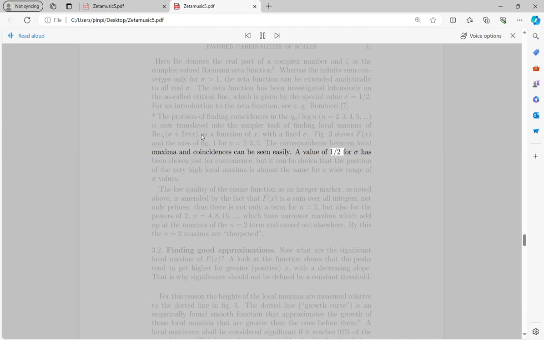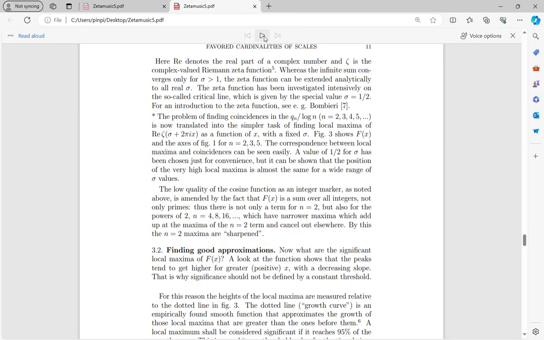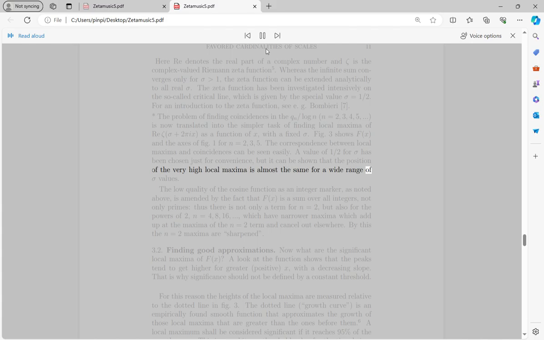A value of 1/2 for σ has been chosen just for convenience, but it can be shown that the position of the very high local maxima is almost the same for a wide range of σ values.